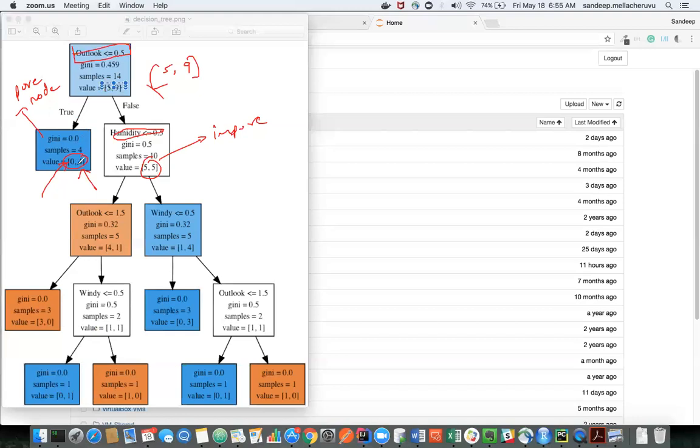A pure node has all zeros except one non-zero. In this case, only one non-zero is present and the others are zeros. That's why this is a pure node. In this case, there are no zeros at all, so it is an impure node. Are you clear what is an impure node and what is a pure node?